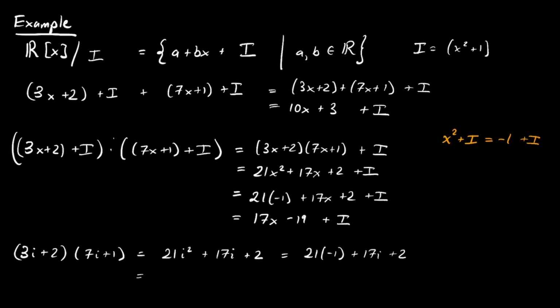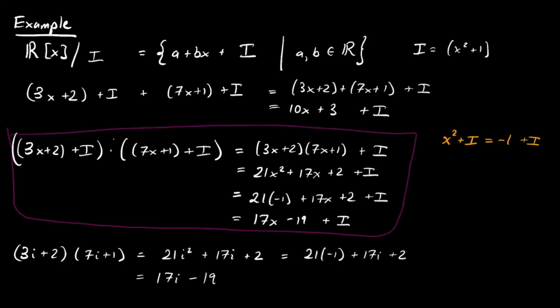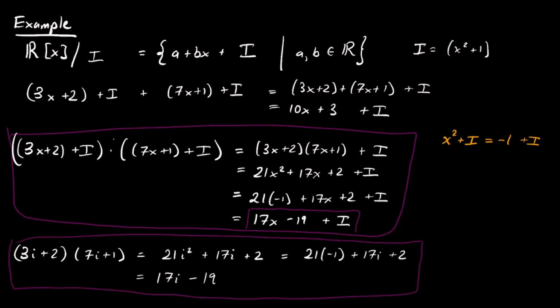And then I might notice that this is just 17i minus 19. And so it looks like the multiplication I did in my ring, right? This answer, 17x minus 19, looks exactly like 17i minus 19.